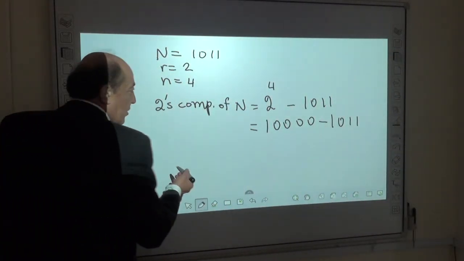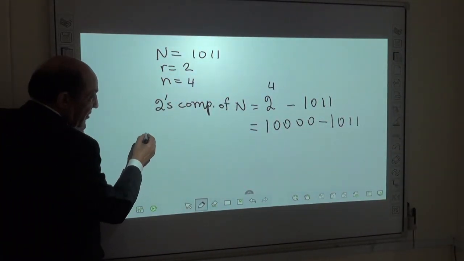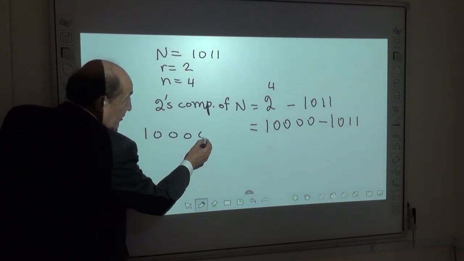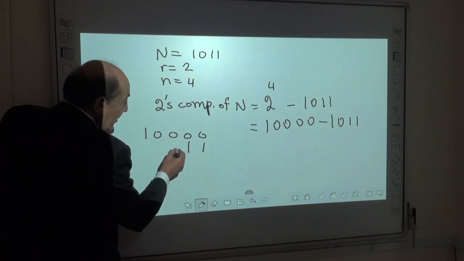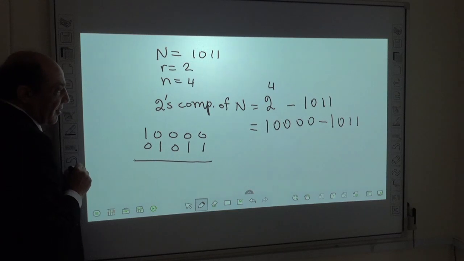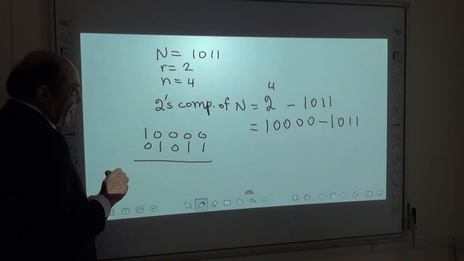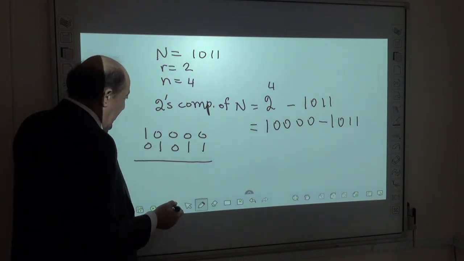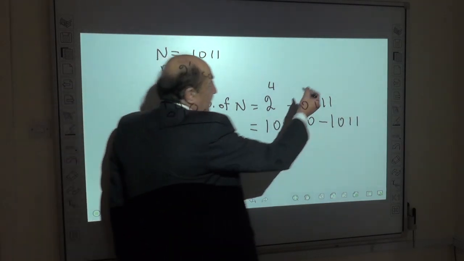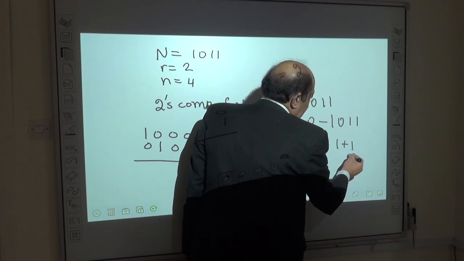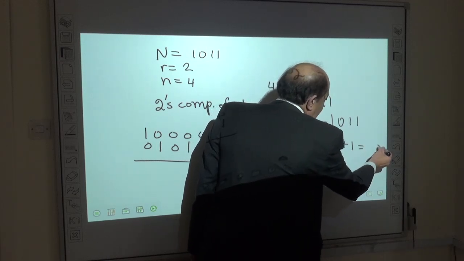Before going to any quick rules, let's do the subtraction. 1 with 4 zeros, 1, 0, 1, 1. Although arithmetic operations in binary are easy to know, 1 plus 1 equals 0, carry 1.